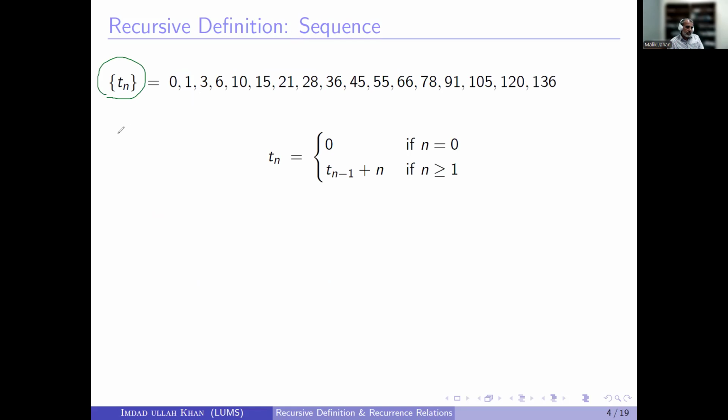If we start with an empty triangle, it contains 0 balls; a triangle with 1 ball contains 1. As we increase the size, we have in total 3 balls, then 6 balls, since 1 plus 2 plus 3 is 6. If we add one more column, 1 plus 2 plus 3 plus 4 is 10, the next triangular number. So the number of balls which can fit in this triangle is the triangular number.